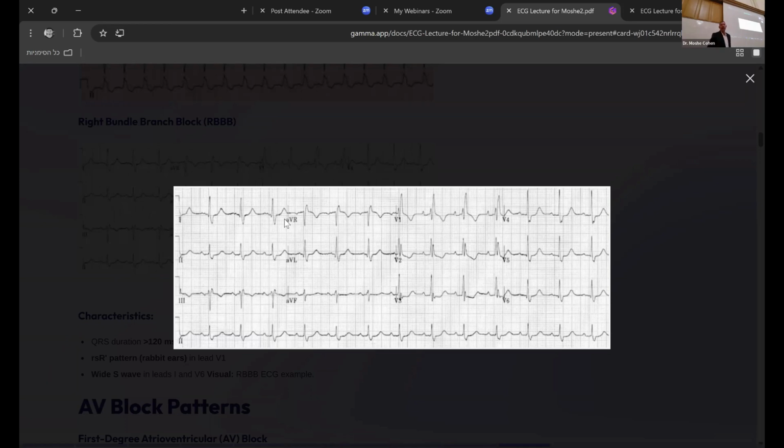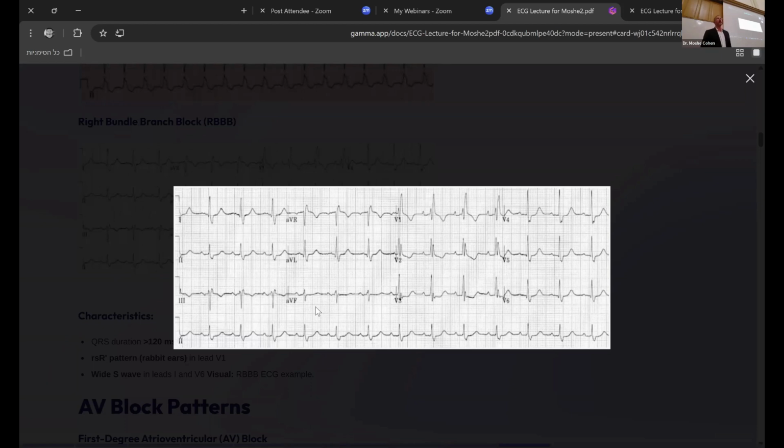You see, the net AVF is not positive and not negative because you have a positive wave here and you have an equal negative. R and S are equal. It means a slight left axis deviation, but within normal limits. Okay, so we have sinus rhythm, normal rate, normal axis with a slight left axis deviation.